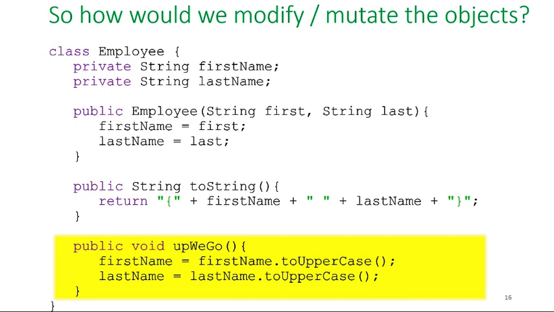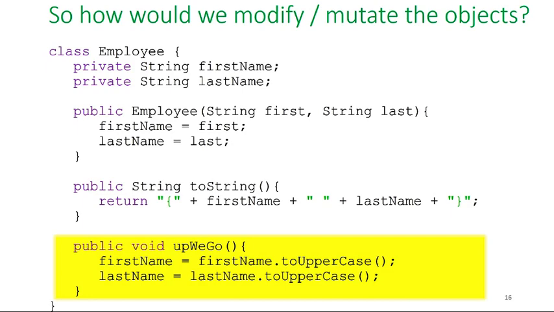All we do is we replace the string. So we don't mutate the string. We can't, it's immutable. But what we can do is mutate the fields. So we replace the reference in first name by the reference to a string that is the uppercase version of whatever string was before in first name, and then we do the same for last name. So we have finally side effects.